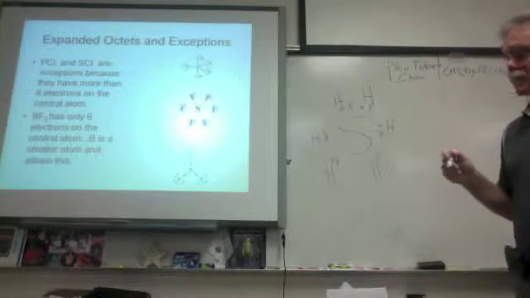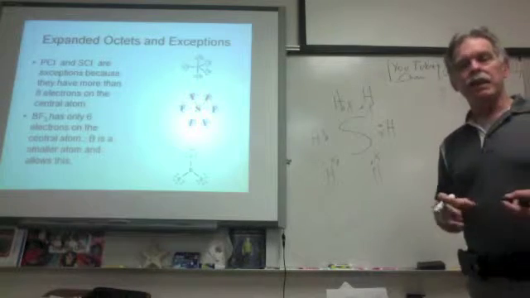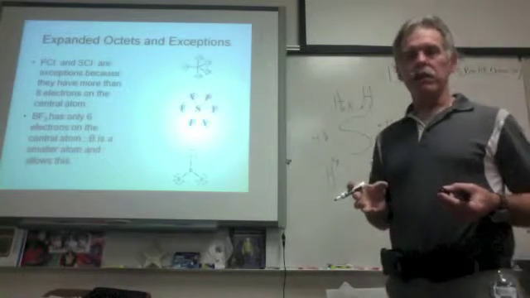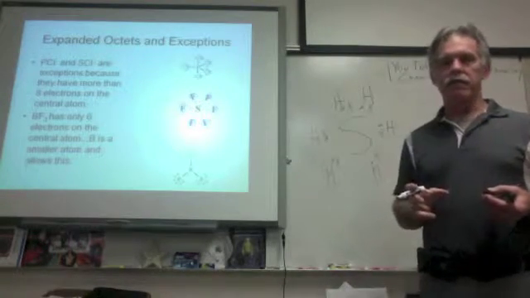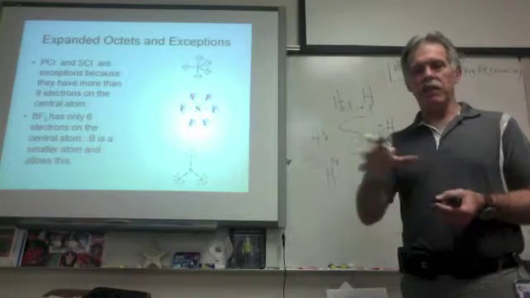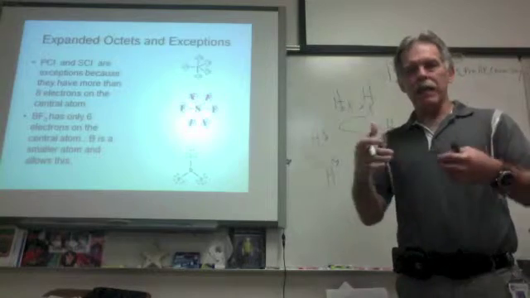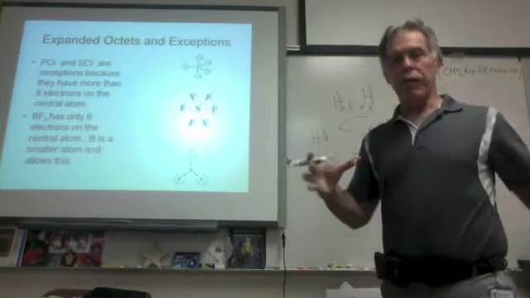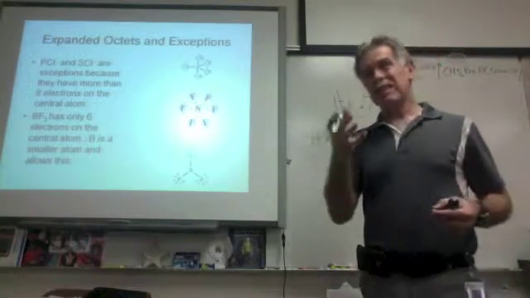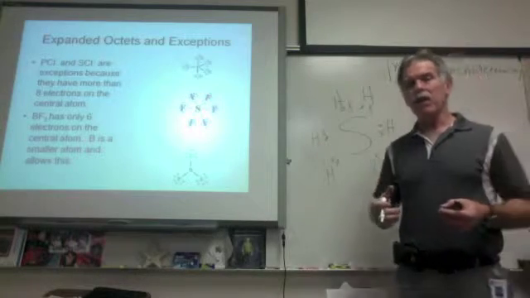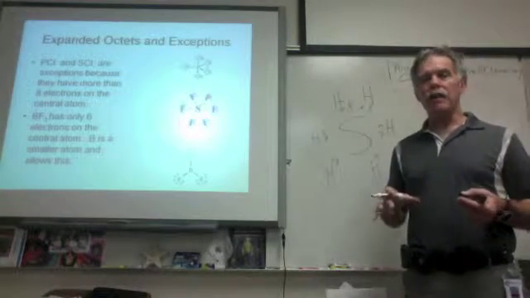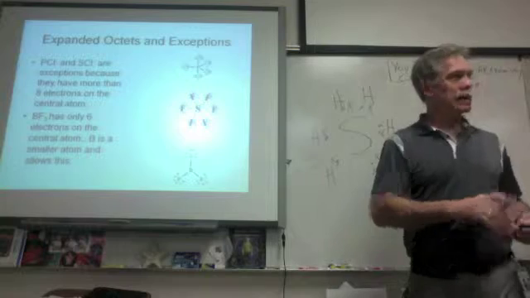In the second row, think of the analogy of a little dish, and let's say you're feeding 10 puppies, and you've got a little dish of milk. They can't all get in there. If you had a big dish, they could. Well, it's the same thing with these electrons. On the third row and beyond, there can be extended octets.